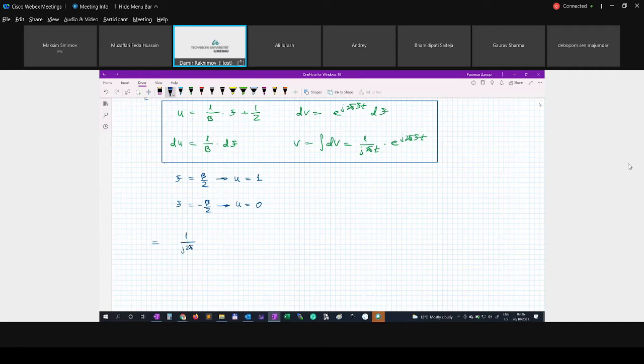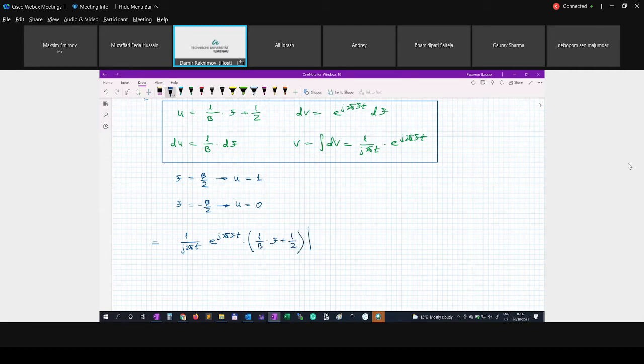But you would need this step if you kept u and didn't make the replacement back. So you have the exponential function e^(j2πft) times 1 over B times f plus 1 over 2.